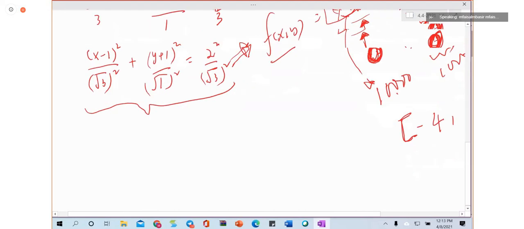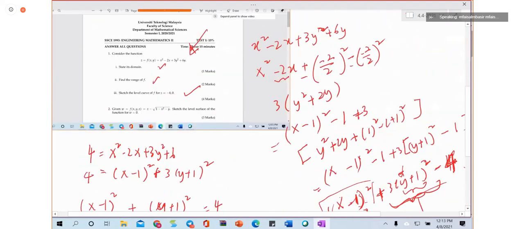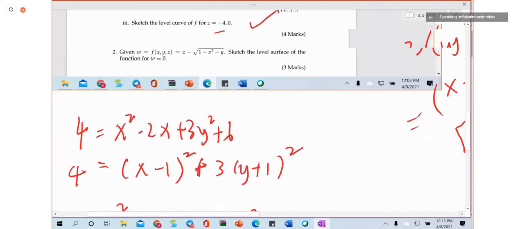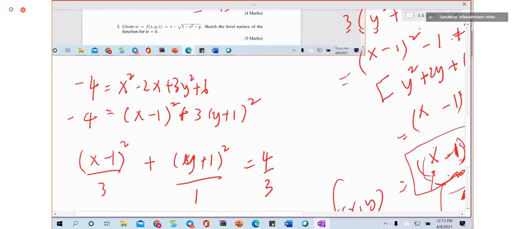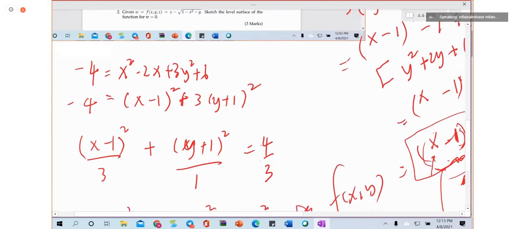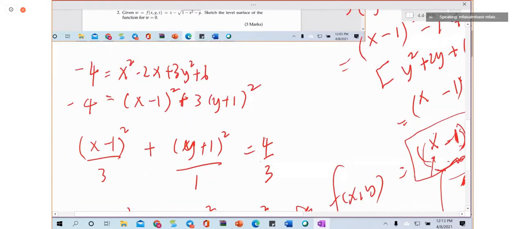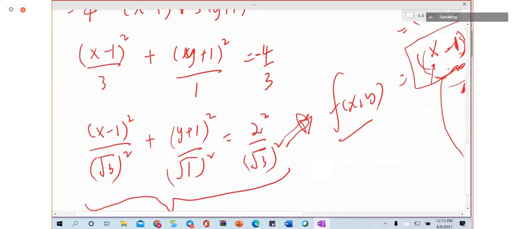So they ask you to sketch, right? For negative 4. Oh, negative 4, is it? Negative 4. So I have written wrongly. Okay, negative 4. So make sure in your test, you check back again and again. So if negative 4 means, so something wrong there. So I have to minus all.